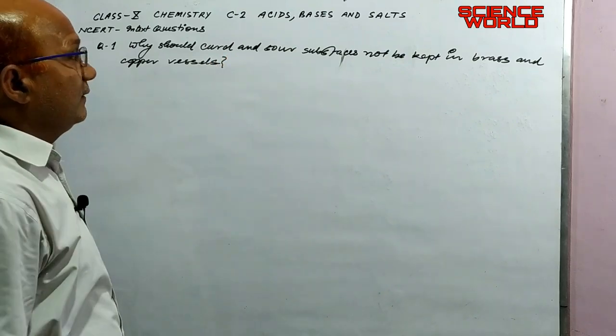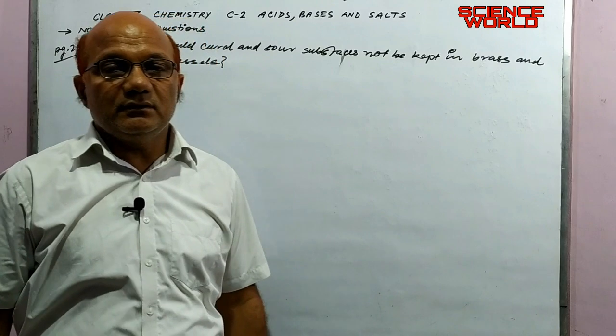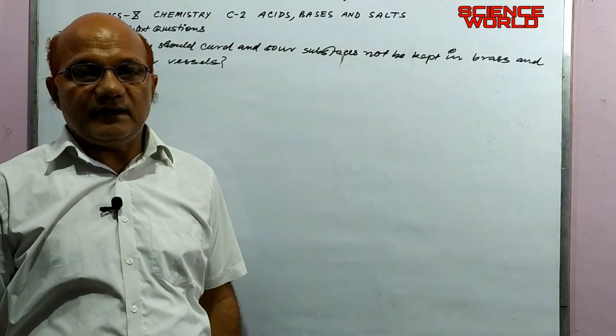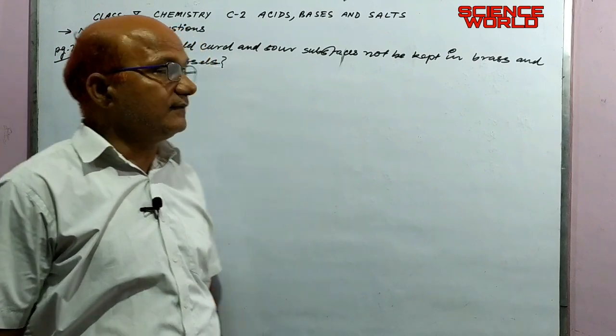This is the question. Why should curd and sour substances not be kept in brass or copper vessels?